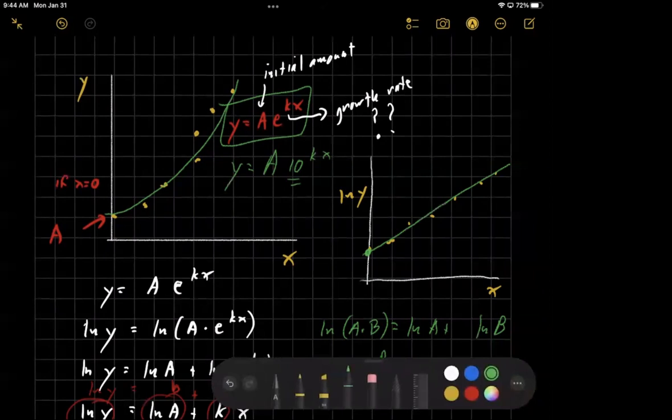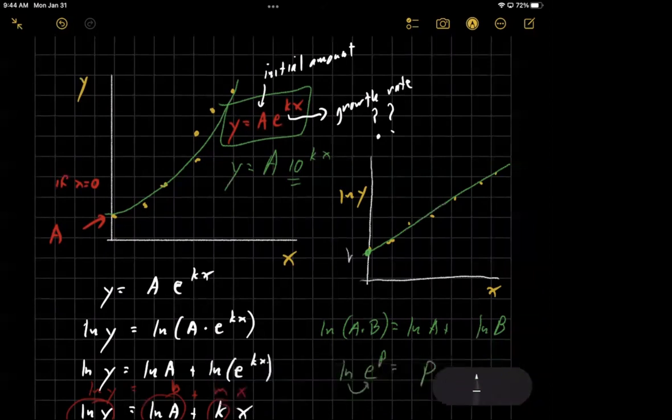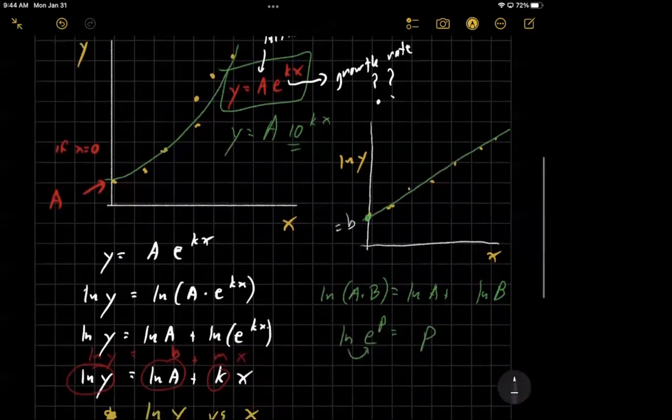Okay, so here would be the y-intercept, b, and we just mathematically showed that b would be the natural log of a. Therefore, once you determine the y-intercept, you could find the initial amount is e to the b. You could compare that to the initial amount on the original graph. They should match up if you've done this well.